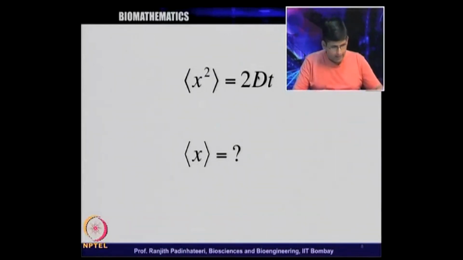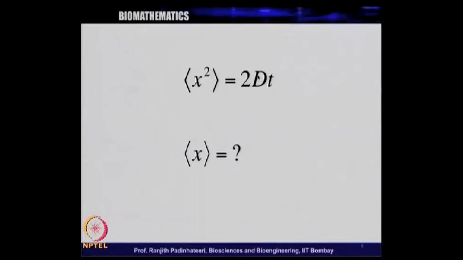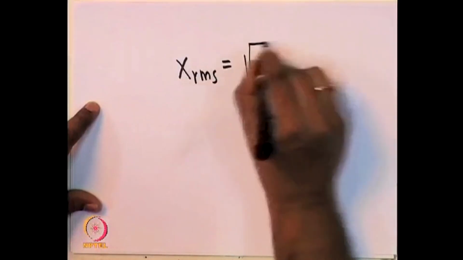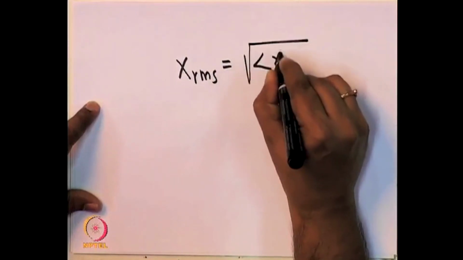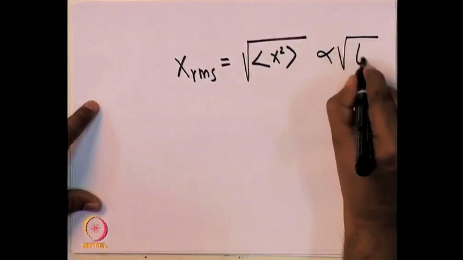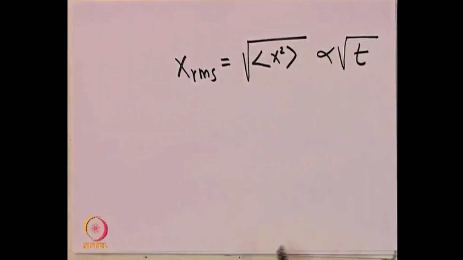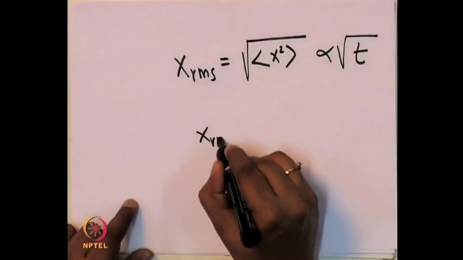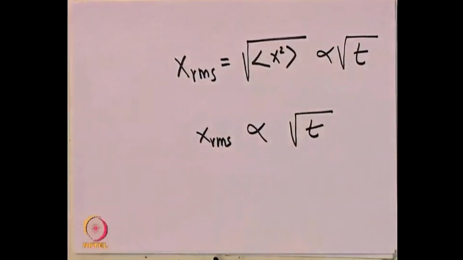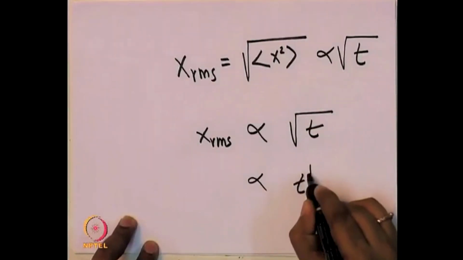So x RMS is proportional to the square root of time, or you can write t power half.